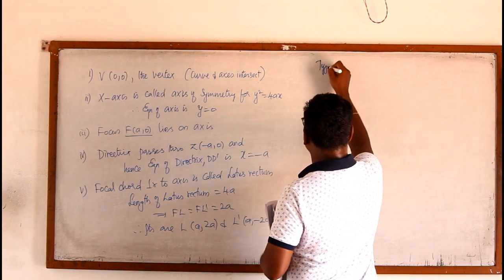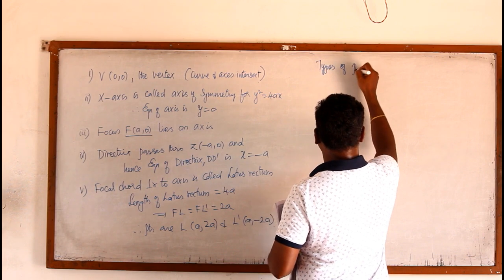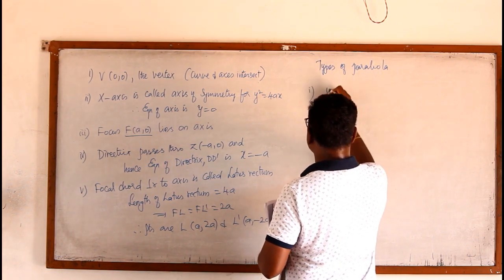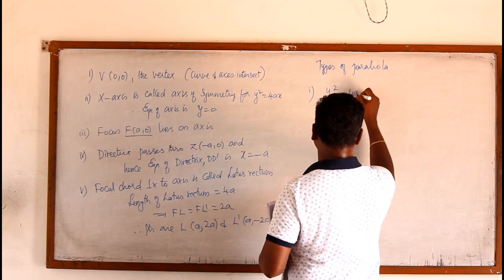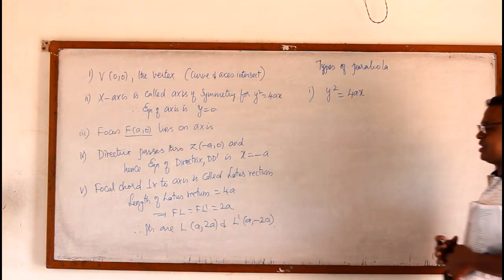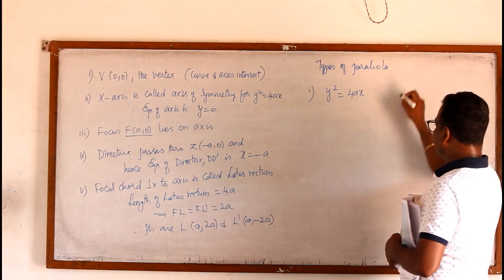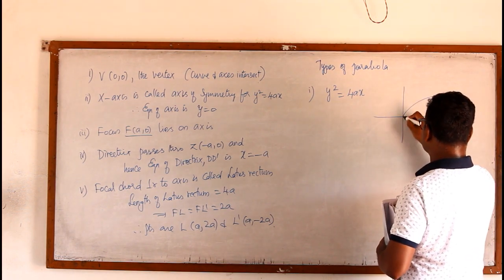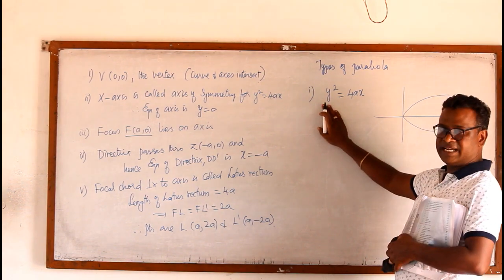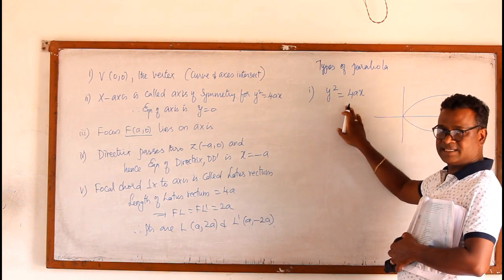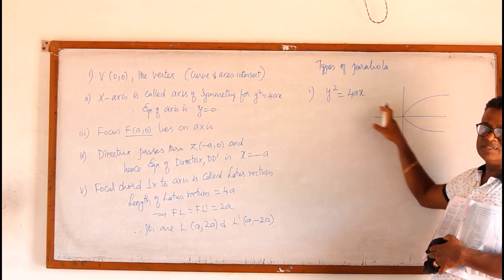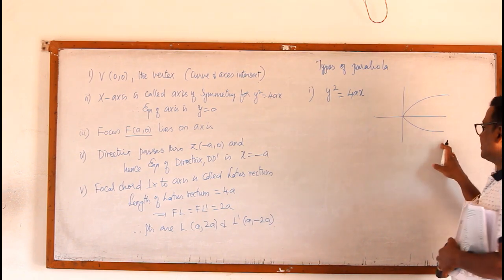We can have many other types of parabola too, so we shall see all those types. First type of parabola: we shall take this itself as our first type, y square equal to 4ax. Y square means the curve comes around the x-axis; here, the positive x-axis, so the curve comes around the positive x-axis as its axis.